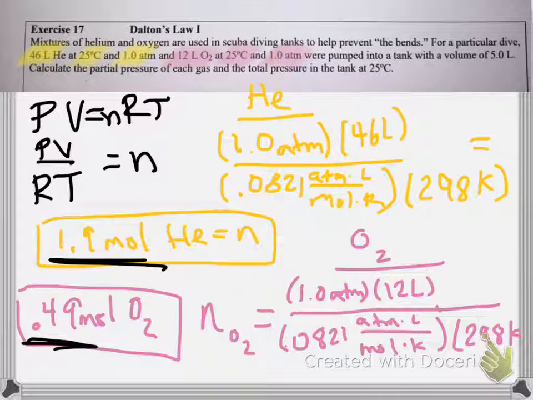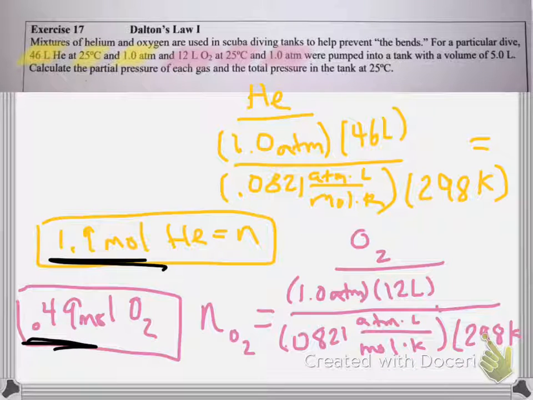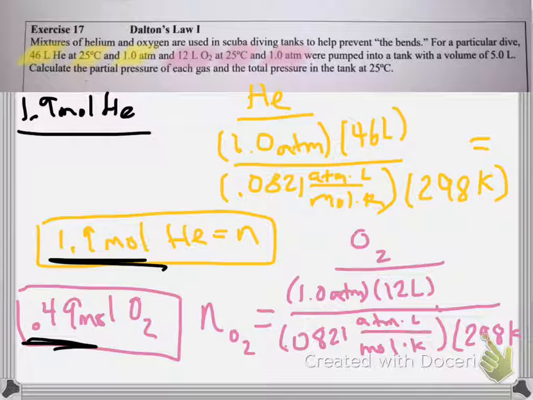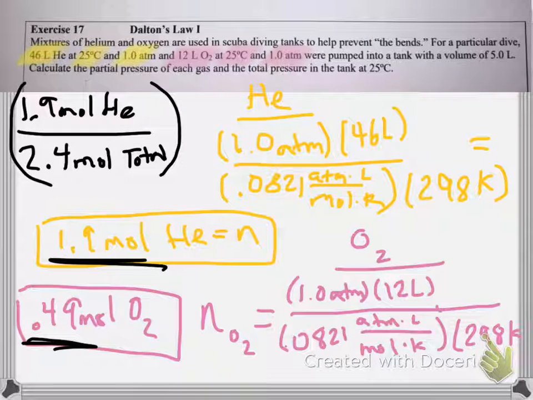In this problem, we have 1.9 moles of helium out of our total moles, which is our 1.9 plus our 0.49. So our total moles is our 2.4 moles. That will be our mole fraction. That is how much of our total moles are just helium.